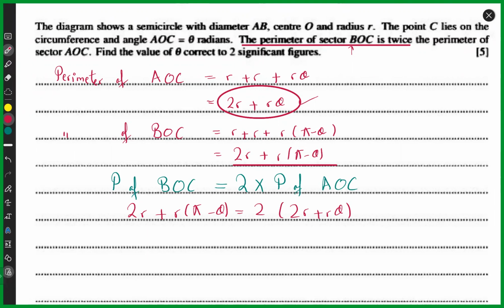Next, what I can do is I can say I have one equation and I have two unknowns. Even the radius is not known. So in maths, we know that in order to have the value of two variables, we need to have two equations. And if you want the value of one variable, then you need one equation, right? So I only have one equation. I need to get rid of this r somehow. And what I can see is I can take r common on both the sides.